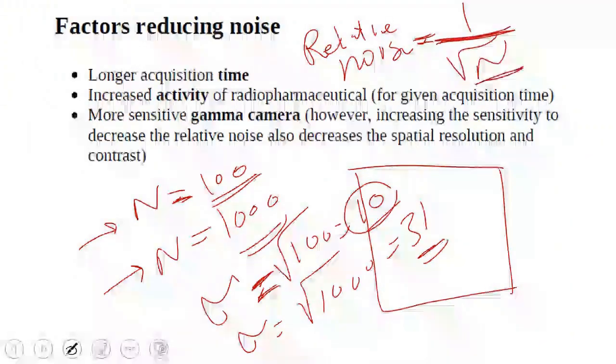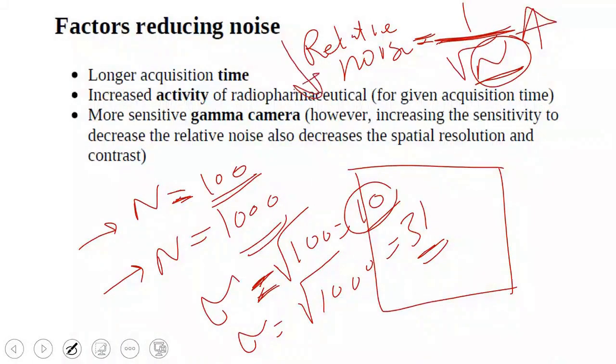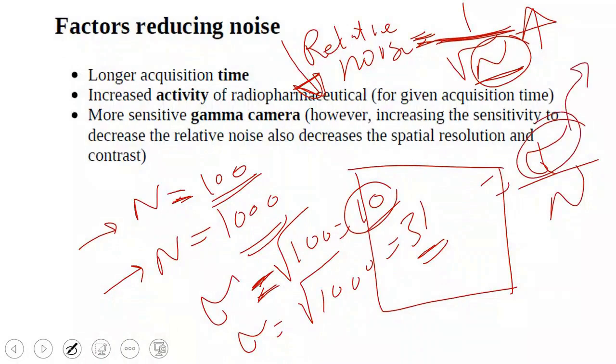What is relative noise? If your number of counts is significantly high, then your relative noise will tend to decrease. I apologize, it's not 1 over the square root of n. It is actually sigma over n, where sigma is the amount of statistical noise concerning your number of counts.